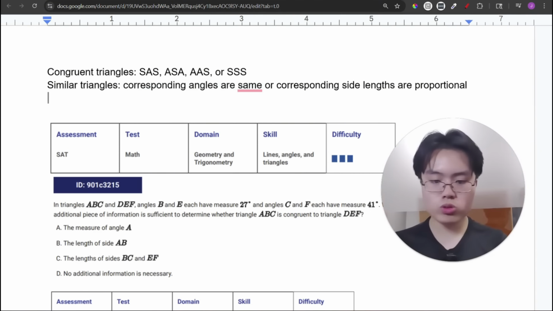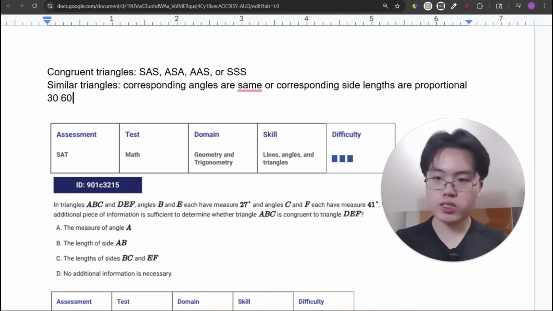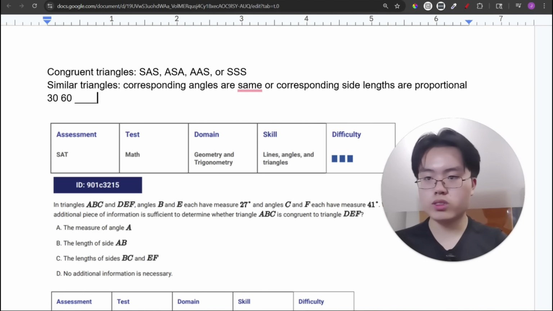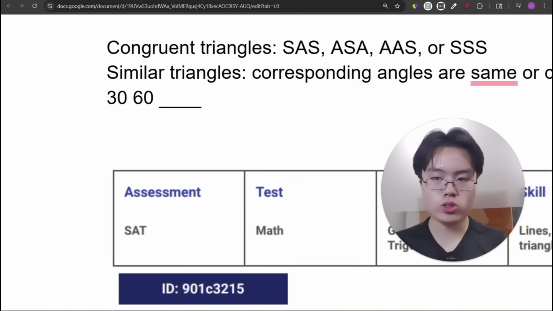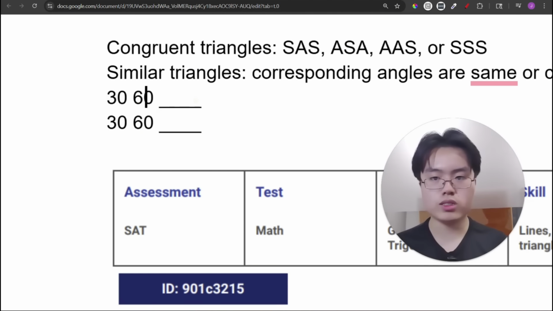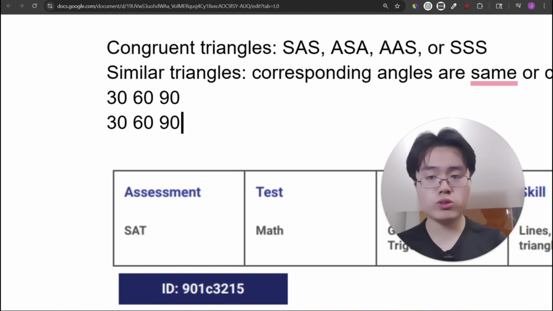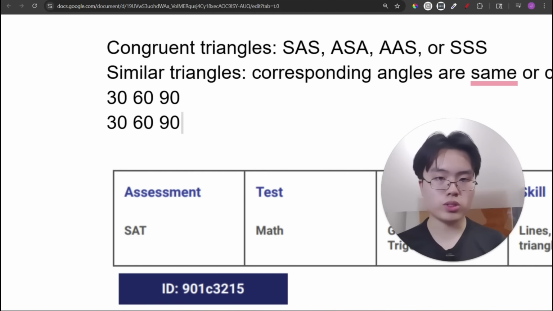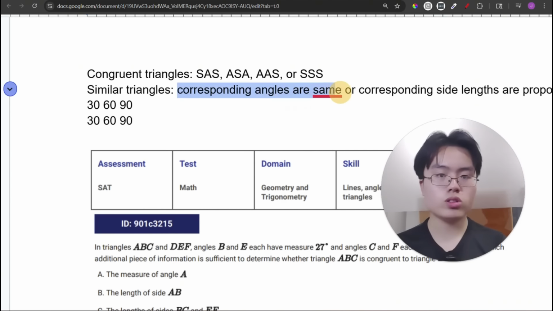If we know one triangle is 30, 60, and we don't know the last angle, and the other one is 30 and 60, and we don't know the last one, this is enough to prove similarity. Because if you know two angles, you can get the third one. 180 minus 30 minus 60 equals 90, obviously. So we can solve for the other ones. As long as two separate angles in the triangles are matching, then we know those two triangles are similar. So that's one thing, proving angles are the same.